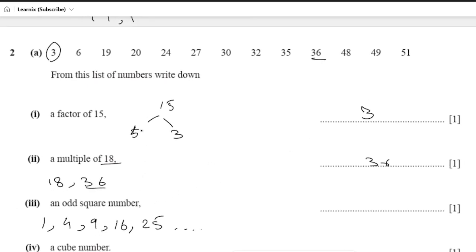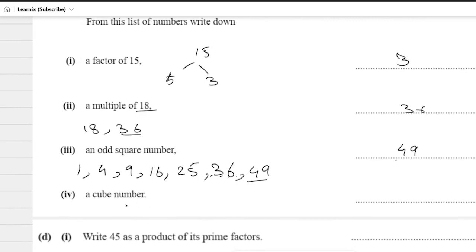We don't have 9, 16 is not odd. We have 25, 25 is not given. Let's continue. Next number is 6. 6 squared is 36. This is not odd. The next number is 7. 7 times 7 is 49. Let's check if we have 49, and yep, we have 49 right here.